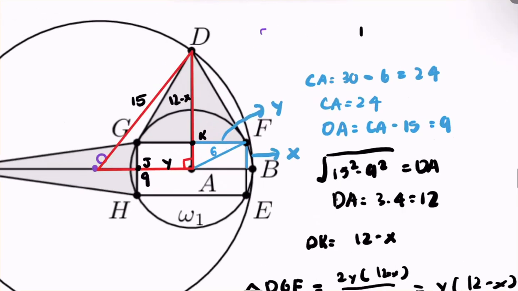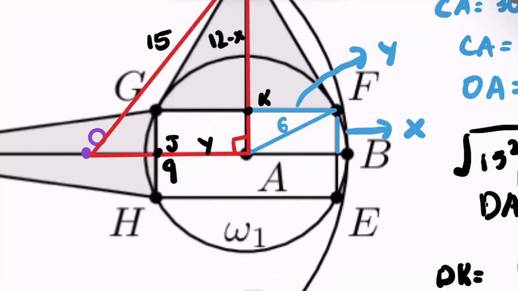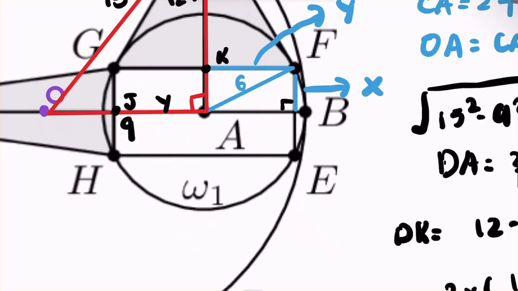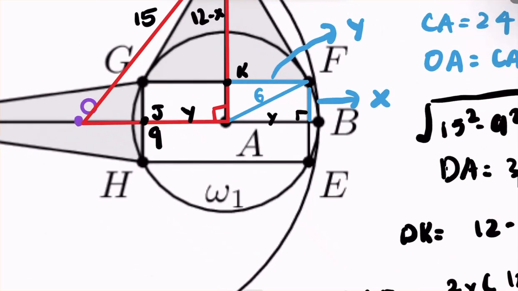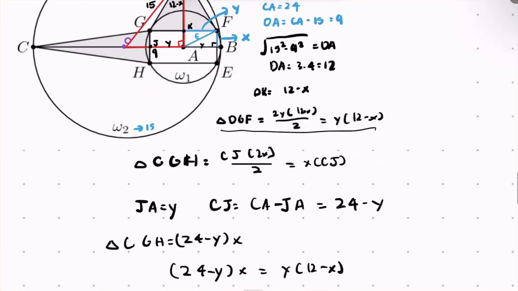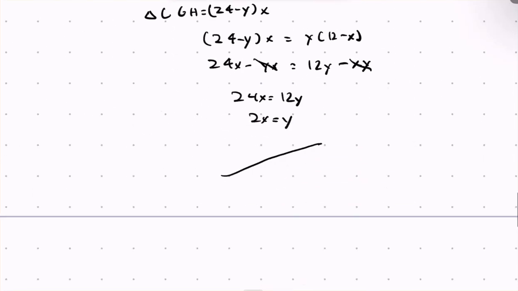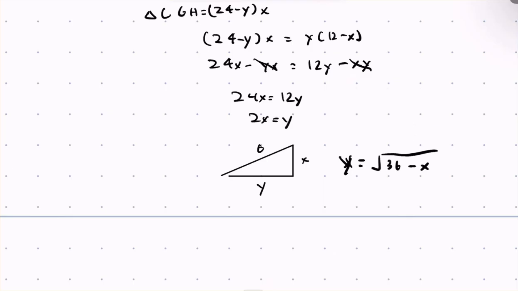Since this is 6, we can use the Pythagorean theorem on this small triangle over here, and since this length is y, we can write that y will be equal to the square root of 36 minus x squared.